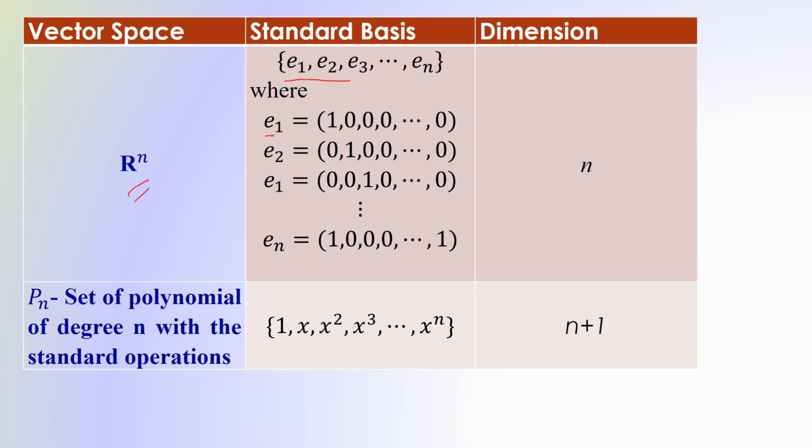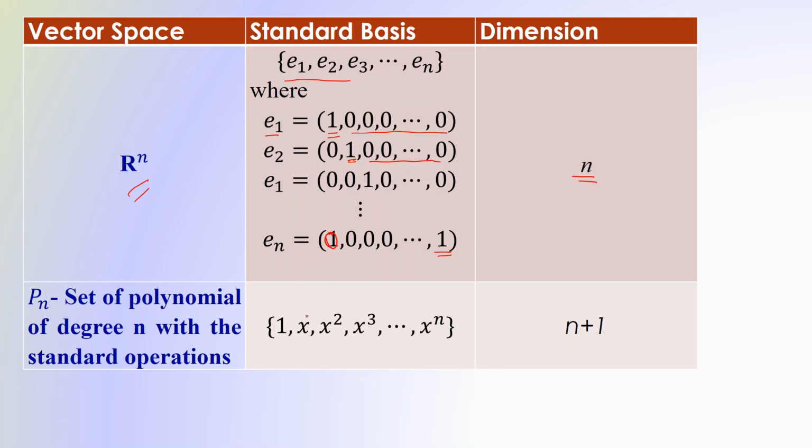For example, in e1 the first component is 1 and the other components are 0. In e2 the second component is 1, and all other components are 0. For en, all components other than the nth component are zeros. So the basis contains n elements, and the dimension is equal to n.